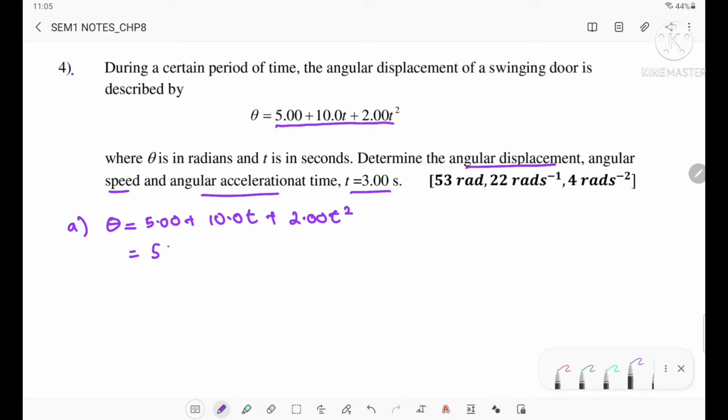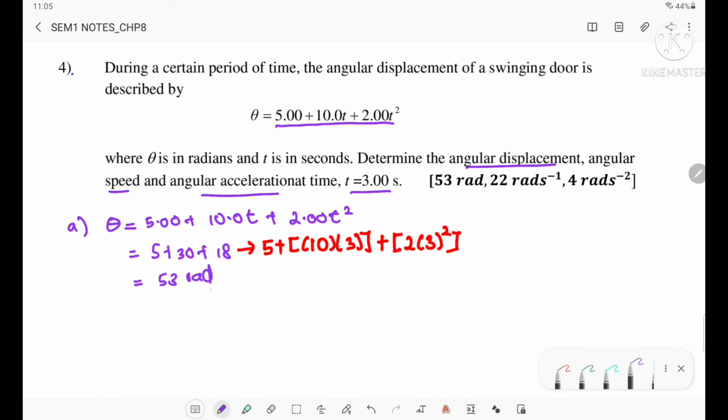So we get 5 plus 10 times 3. So we have 30 plus 2 times t, 3 squared, we have 18. So you got 53 radian. Angular speed, we use omega is equal to d theta over dt.